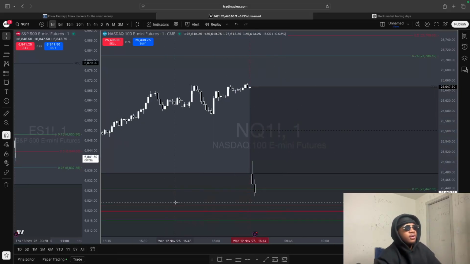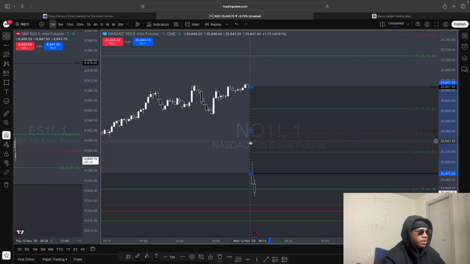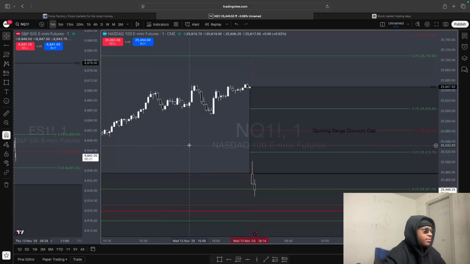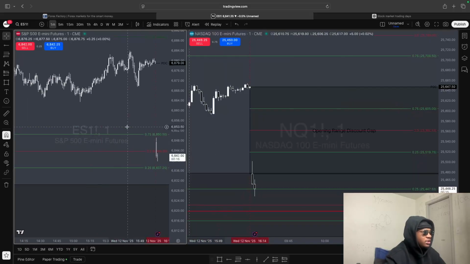So now you grade the gap from the high to the open of that. Then I'm gonna call it discount gap. Boom. Now you just sit and wait.